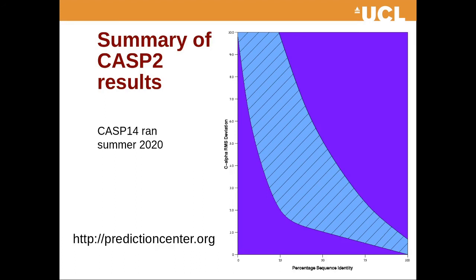So there are structures which should have been quite easy targets to model, where actually AlphaFold 2 did worse than everybody else. When people submit their models to CASP, they have to give some indication of confidence.